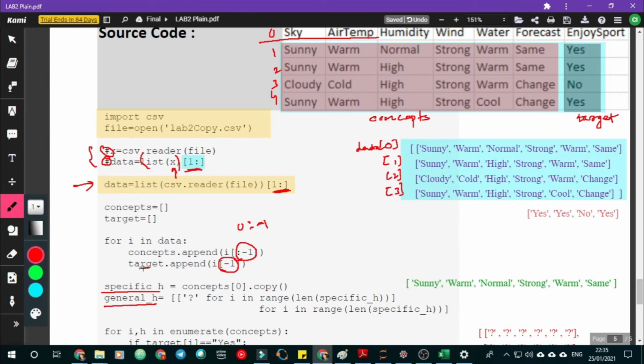But here in target, I'm taking only the last element, and since there is no colon here, I'm taking only one index, that is the last index. -1 means the last index. This is -1 and this is -2, right? So I'm taking the concepts from 0, 1, 2, 3, 4, 5 except this -1. So if you include -1, this index will not be included. Okay, I hope you know this.